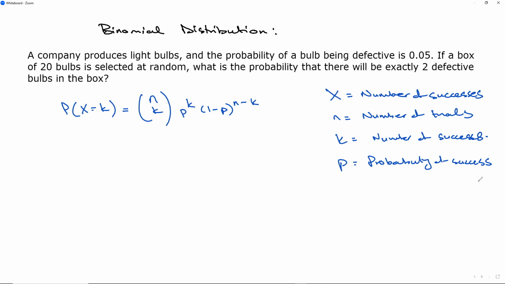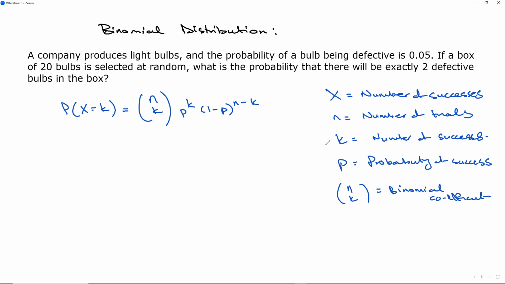So n choose k is going to be your binomial coefficient. The coefficient is always a number that's before something, right?